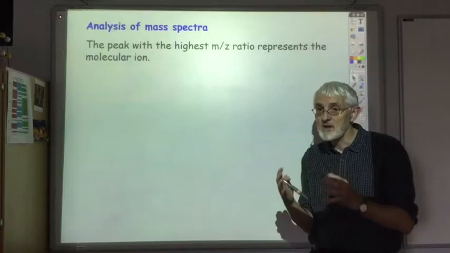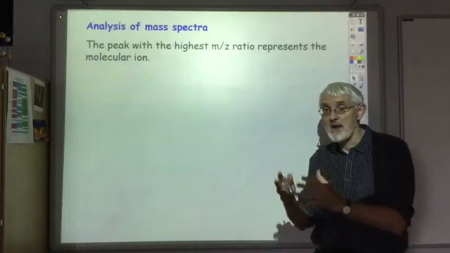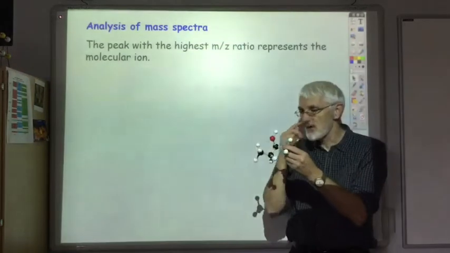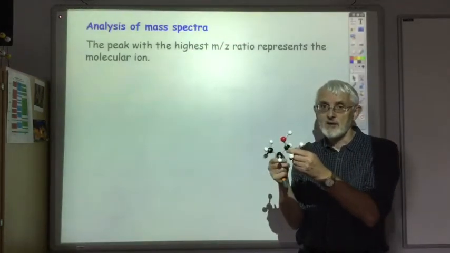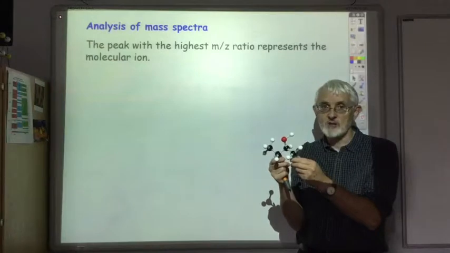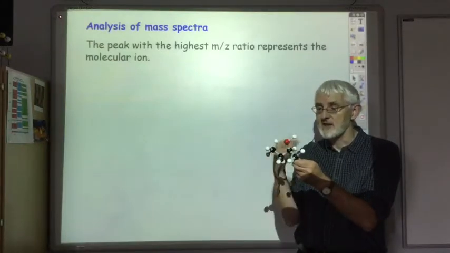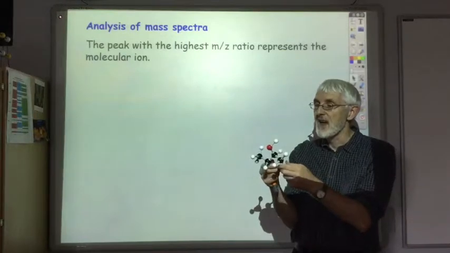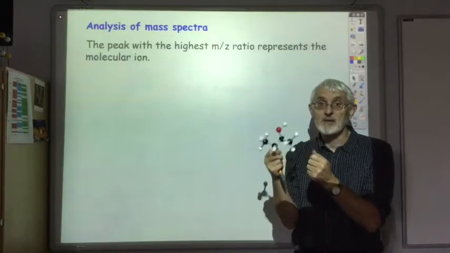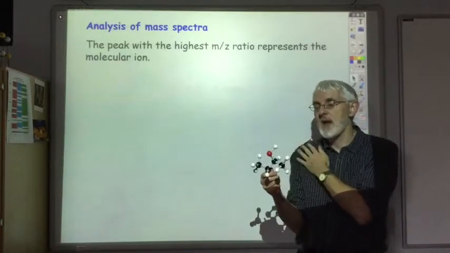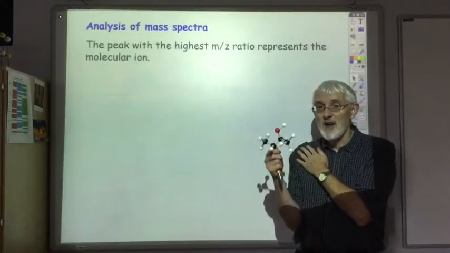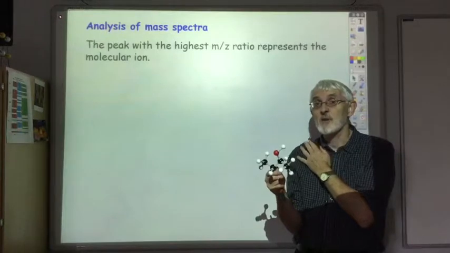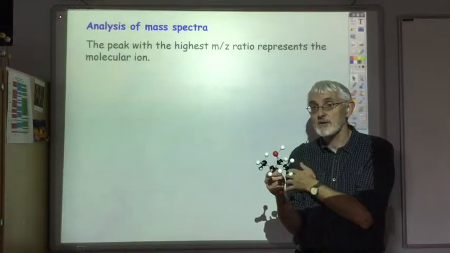It will lose an electron, and then the parent ion, the molecular ion, in this case the butanol, just loses an electron, becomes positively charged butanol, and is fired down the mass spectrometer. That will be the biggest peak you see, the peak with the highest mass. So the highest mass peak tells you what the gram formula mass of the compound is.